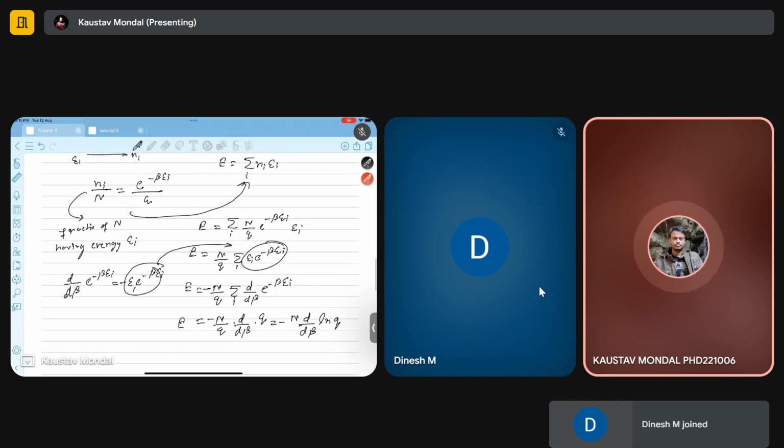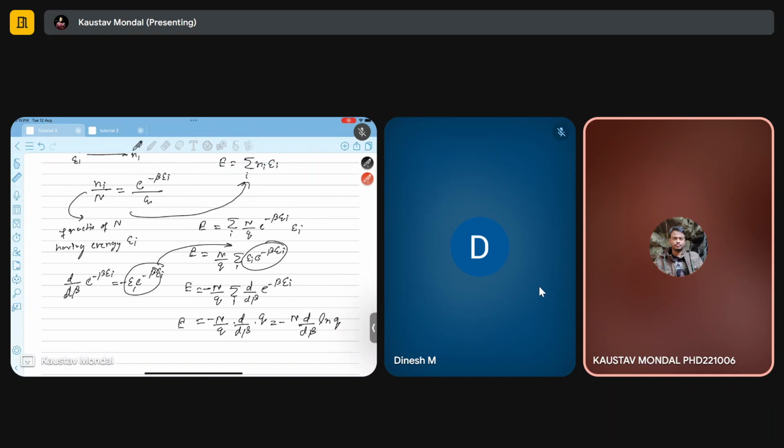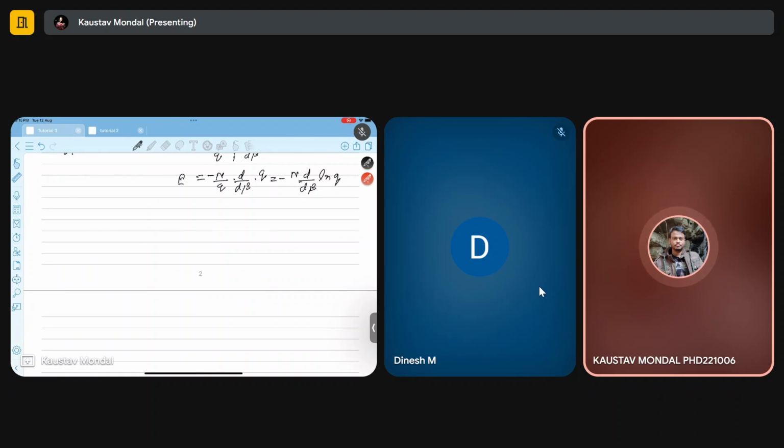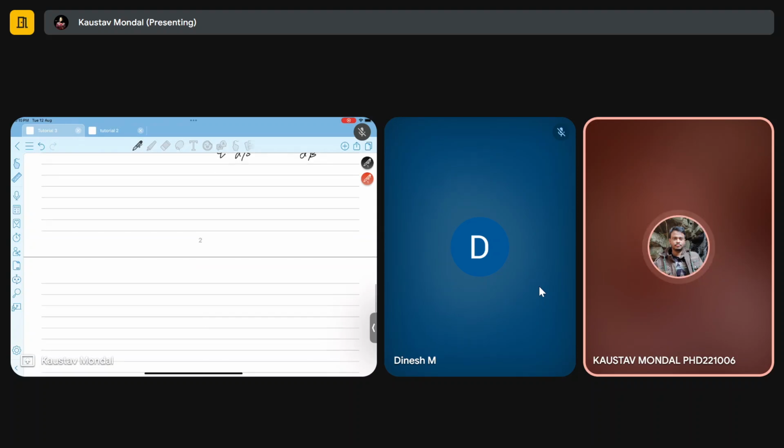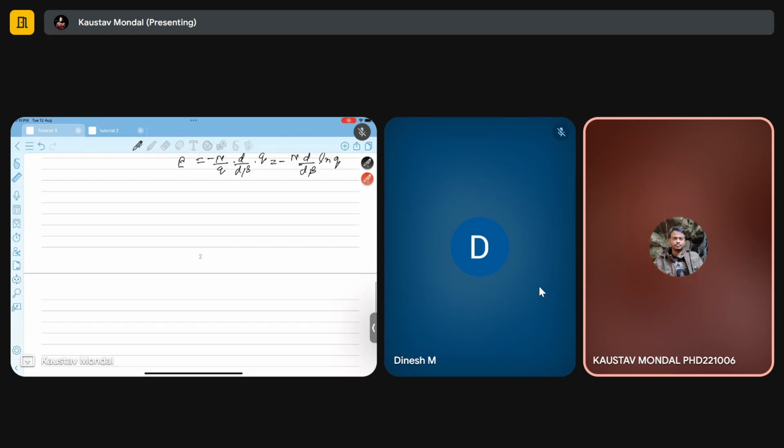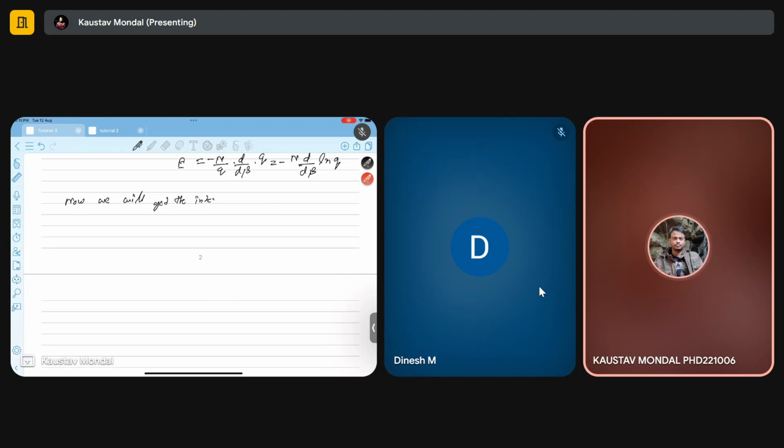Okay, so now, as we know the total energy of the system, from classical thermodynamics we can calculate the internal energy of the system, right? In order to do that, first we have to know the concept of the zero point energy. So we will get the internal energy from the total energy.